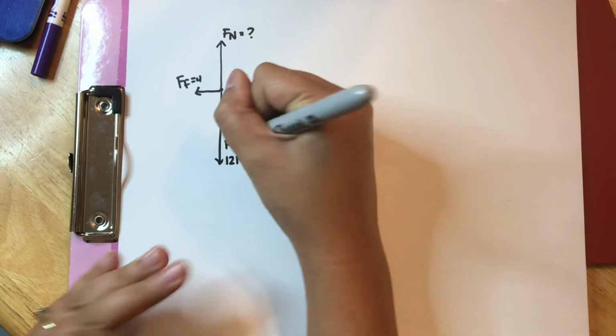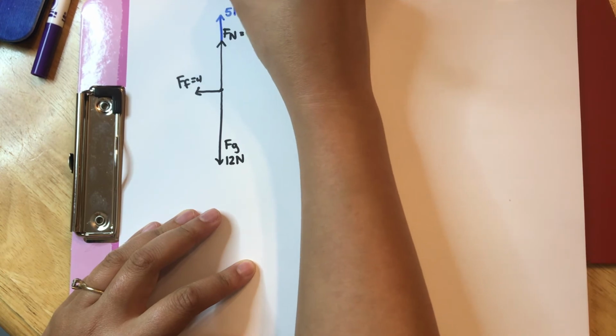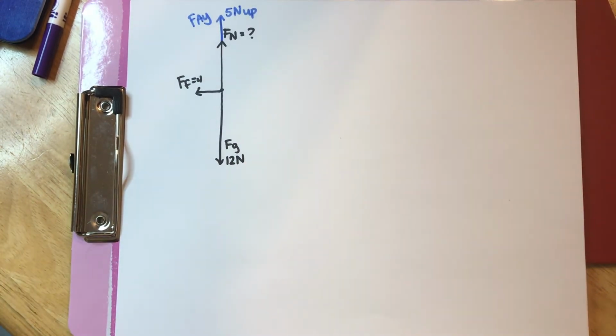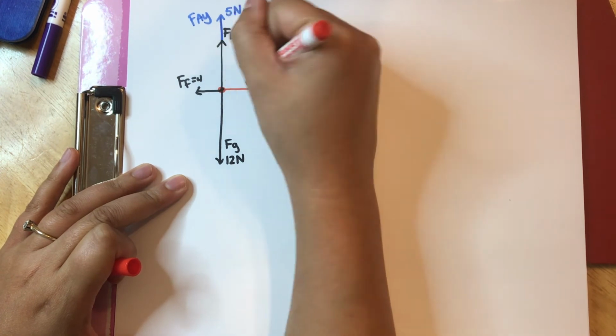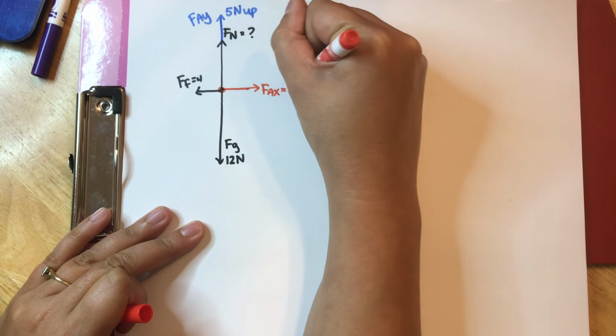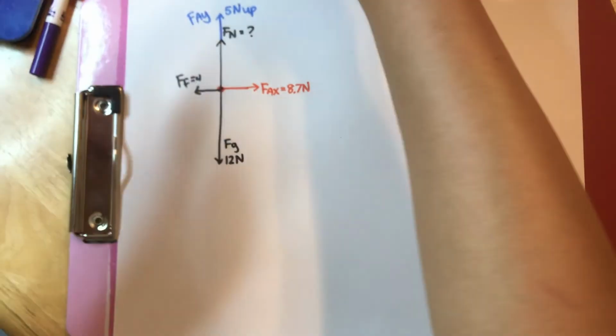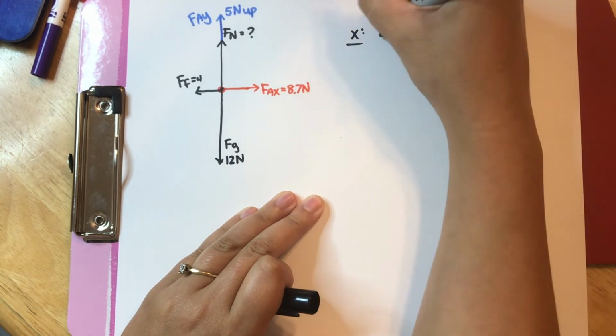So friction was 4 to the left, normal was unknown, gravity was 12. But now, instead of drawing that up into the right diagonal vector, I'm going to draw the y component as 5 newtons up, and the x component as 8.7 newtons to the right. And now we can solve.